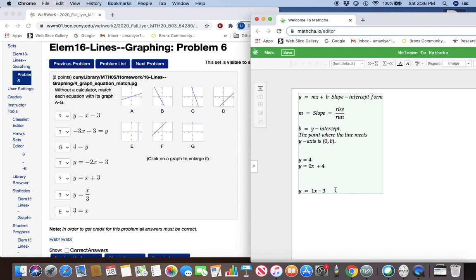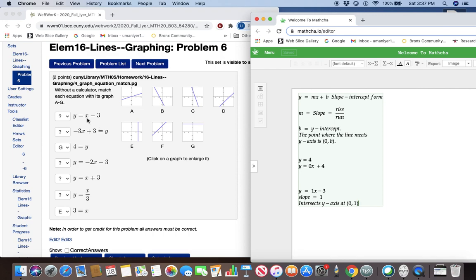That means my line has slope 1 and it intersects the y-axis at 0, 1. You see, that's the y-intercept. So I need a line which passes through 0, 1. So notice there seem to be two lines which pass through the positive y-axis.